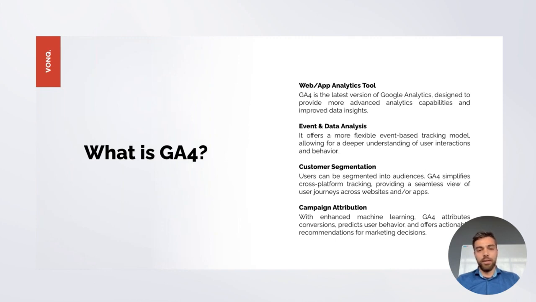It offers quite more flexibility in terms of what you can track, how to use specific customer segmentations to actually analyze your data, and it also includes quite some capabilities on campaign attribution. So in order to actually know where specific conversions come from, you can attribute that conversion over multiple different sessions for a user's journey.